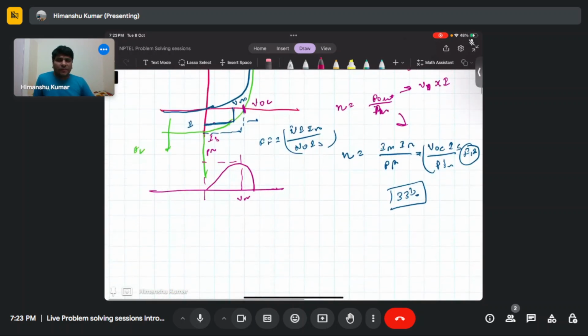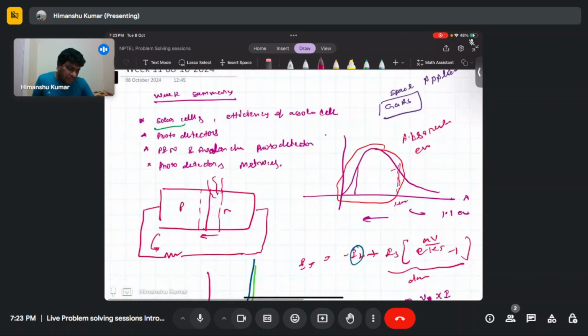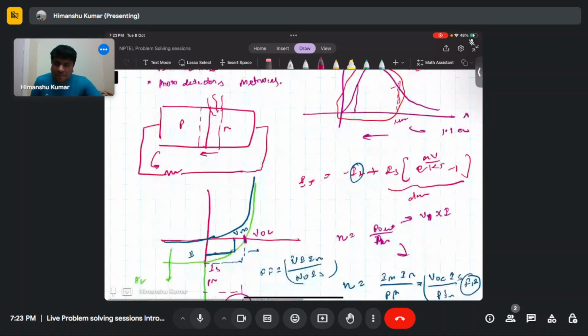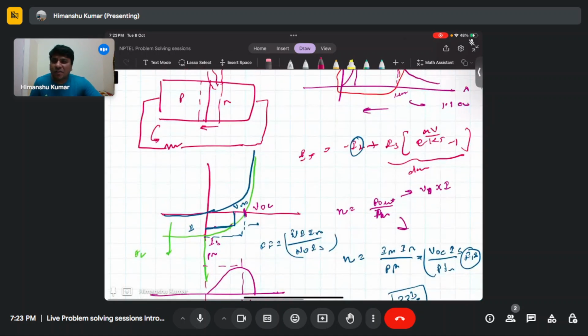So with the solar cell, you generate power, and the next thing in the photovoltaic or photoconductive devices is the photo detector. People say a bad solar cell is basically a good photo detector.